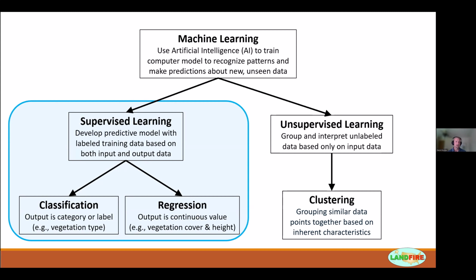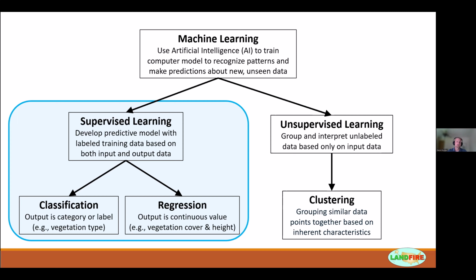And there's two types of supervised learning. There's classification and then regression. We use both for different types of data. Classification is for categorical data. So think vegetation type. We also model dominant lifeform, dominant vegetation, and that's a category as well.